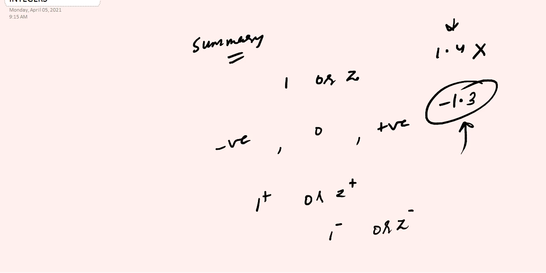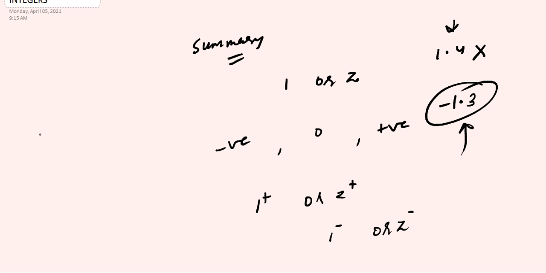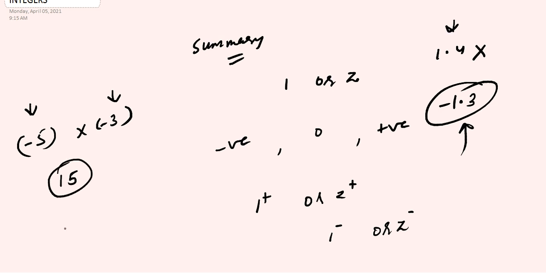Okay. Then multiplication of integers. If we are multiplying minus 5 and minus 3, means two negative integers, minus 5 a negative integer, minus 3 a negative integer. Minus 5 minus 3, minus into minus is plus, and 5 3s are 15. If we are multiplying one negative integer and one positive integer, so your answer will be negative.